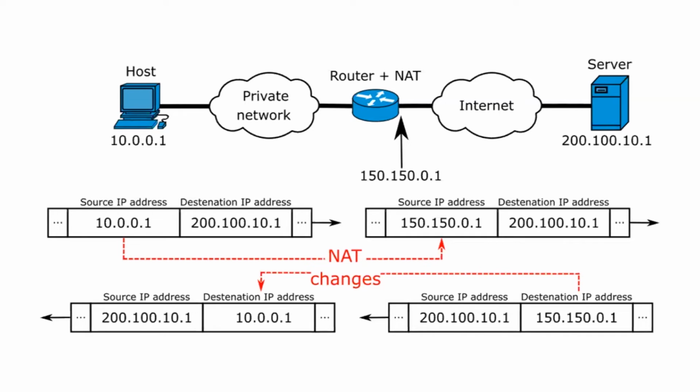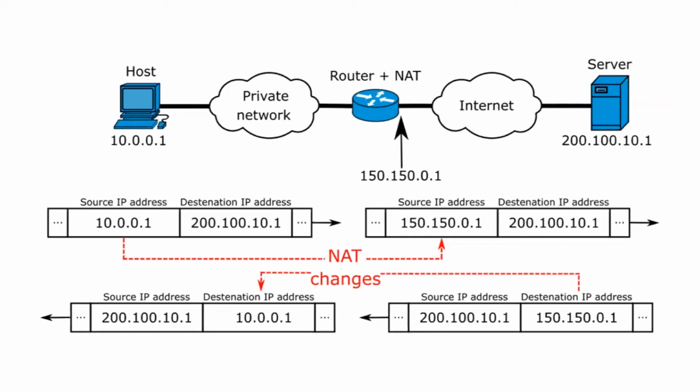When the packet leaves the host, the source IP will be 10.0.0.1 and the destination IP will be 200.100.10.1. Let's say the router is having a public IP of 150.150.0.1. There, the source IP address will be translated to 150.150.0.1.